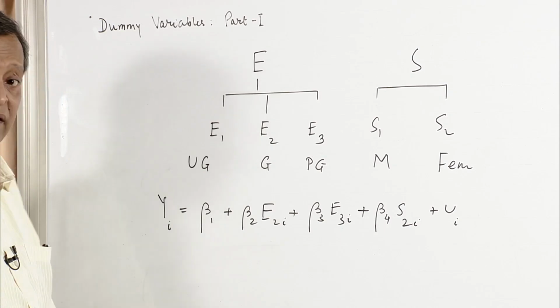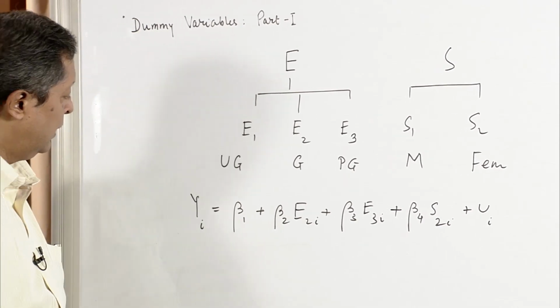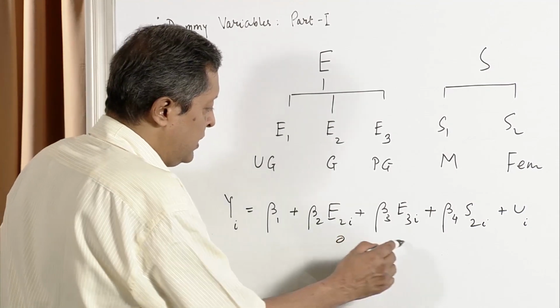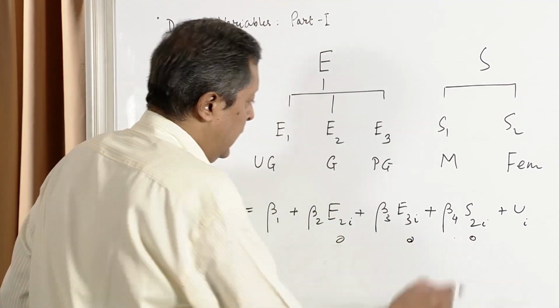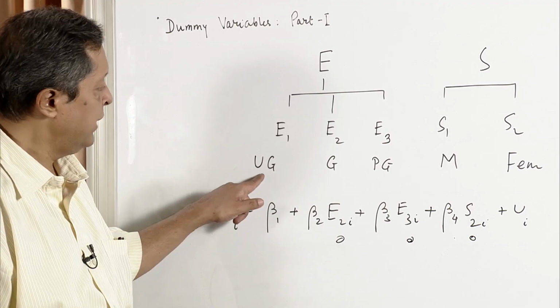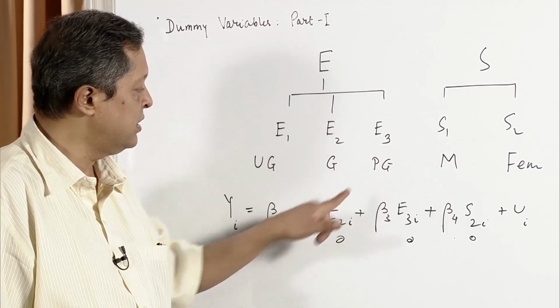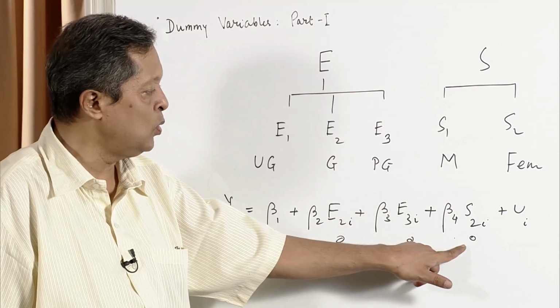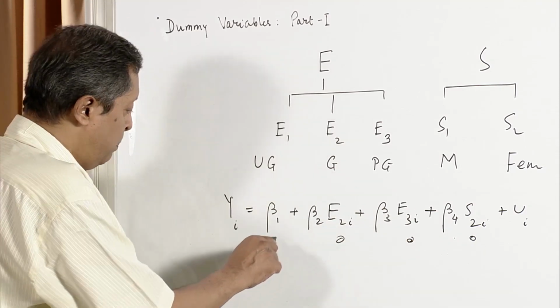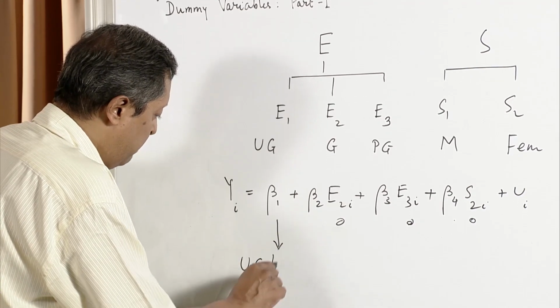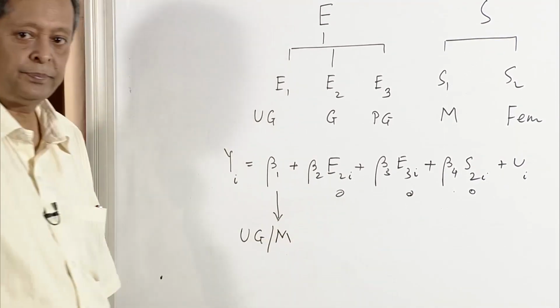So, what is the basic idea behind this model? What is beta 1? For beta 1, all of these are 0. If the person is just an undergraduate male, it means E2, E3 and S2 are all 0. So, this is the base salary of an undergraduate male employee.